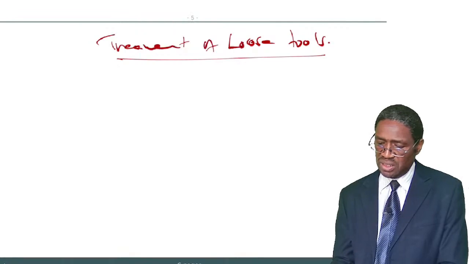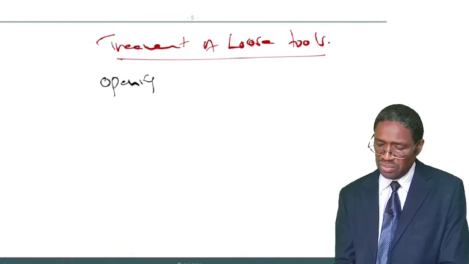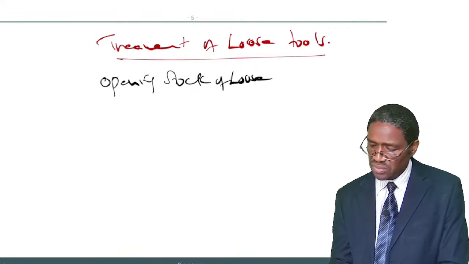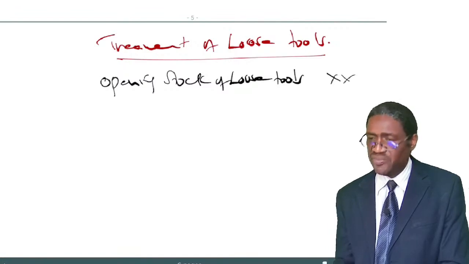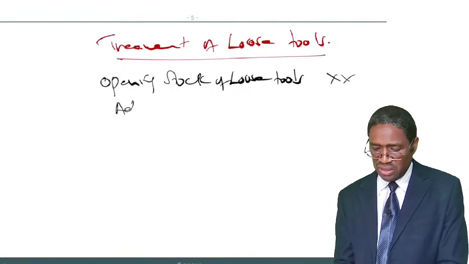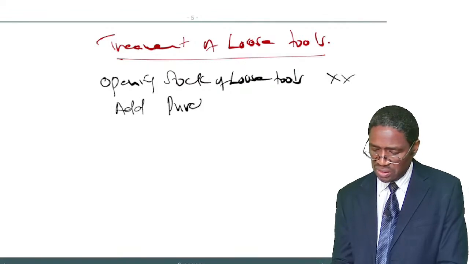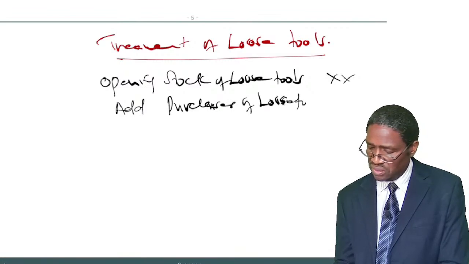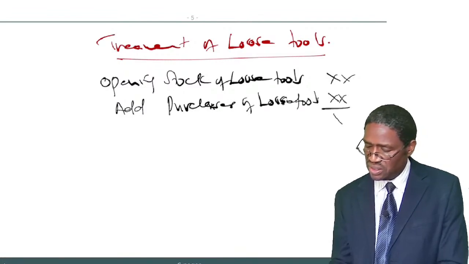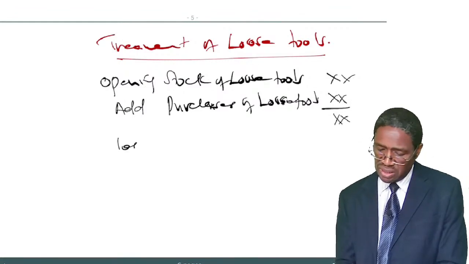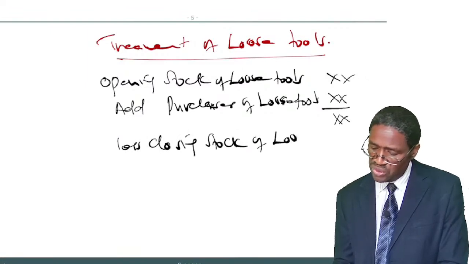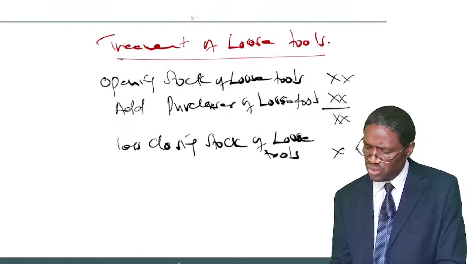So you say opening stock of loose tools, whatever it is, you add purchases of loose tools, whatever it is, then you less closing stock of loose tools, whatever it is.